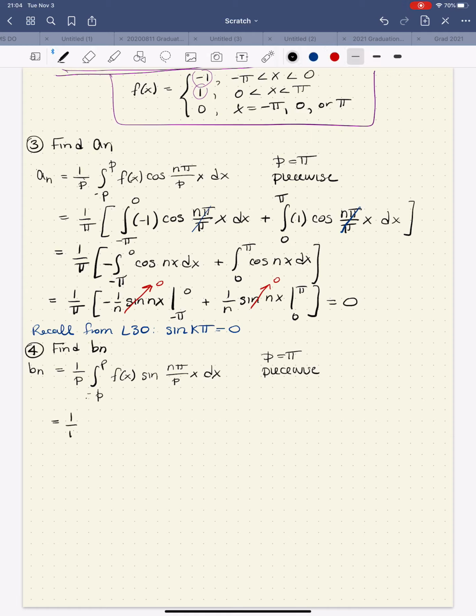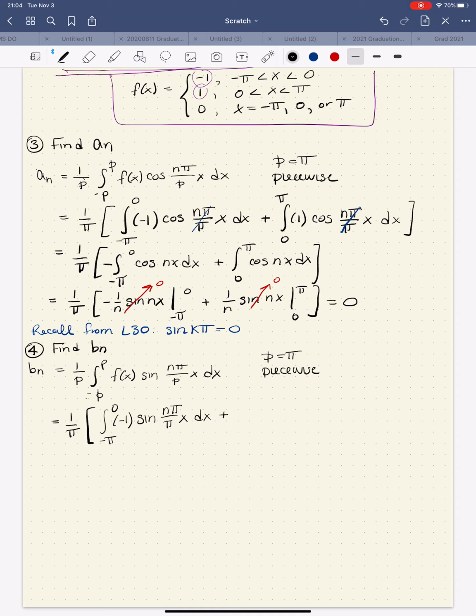So 1 over pi, the integral from negative pi to 0. And again, I have negative 1, that's f of x on this. When x is between negative pi and 0, f of x is negative 1. Sine of n pi over pi x dx.